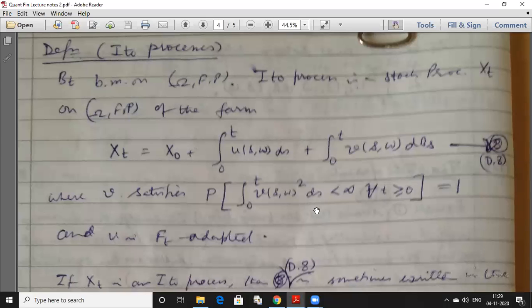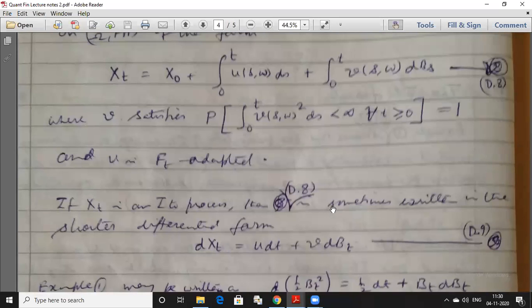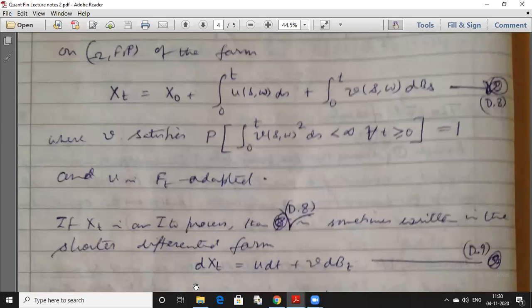And you know why you need that. And of course, u must be Ft adapted. This u function must be Ft adapted, and v must satisfy this property. Then this class of processes are called Ito processes. An alternative shorthand description of the Ito process is also given in the differential form. So Xt is sometimes written in this shorthand version as dXt equal to u dt plus v dB.